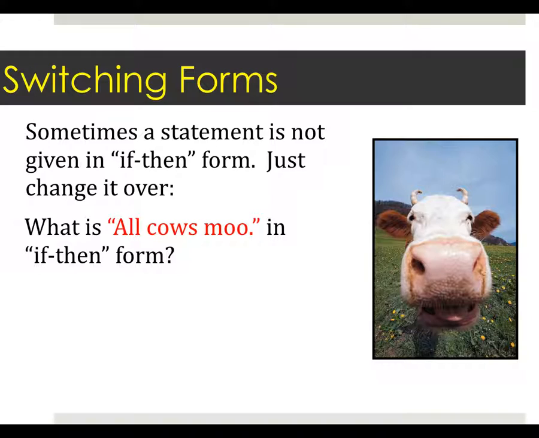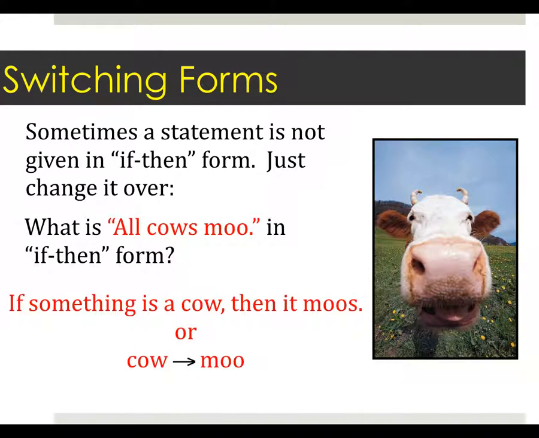What's happening first? Cow. Starting with a cow. And if I have a cow, then that cow has to moo. So we can convert that into if something is a cow, then it moos. Or if you prefer, a cow implies moo. Does that make sense? Yes or no? Yes. Okay, good.